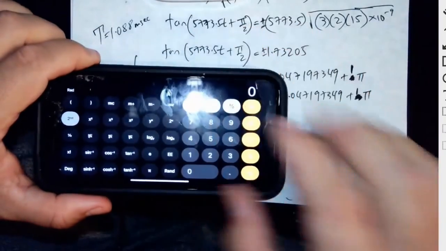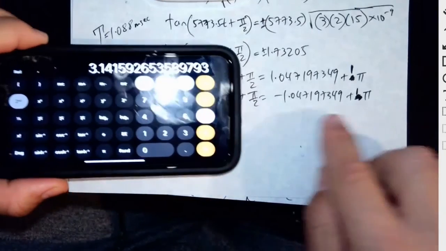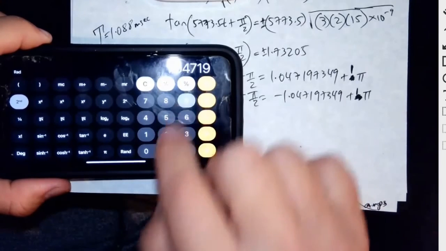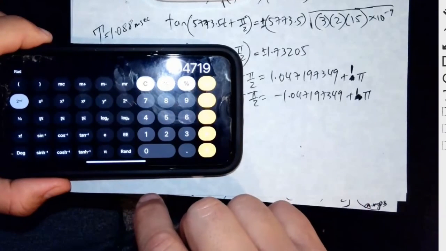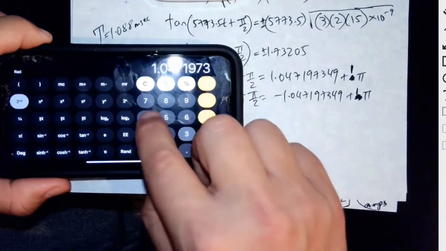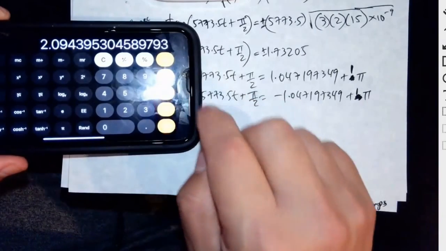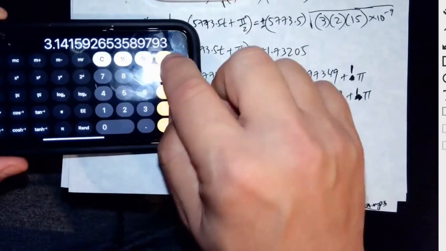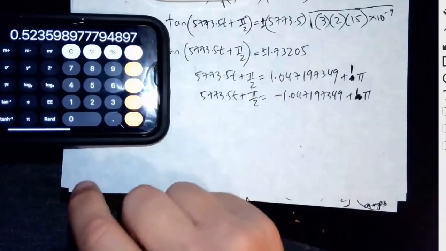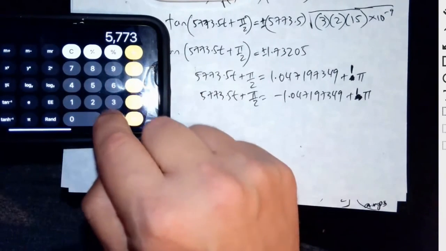So I'll have pi minus 1.047197349, pi minus that, minus pi over 2, divided by 5773.5.